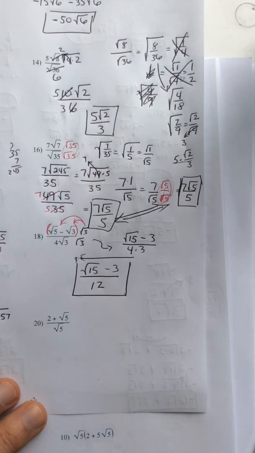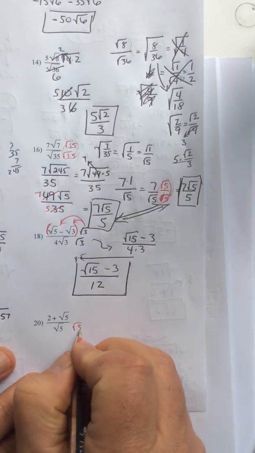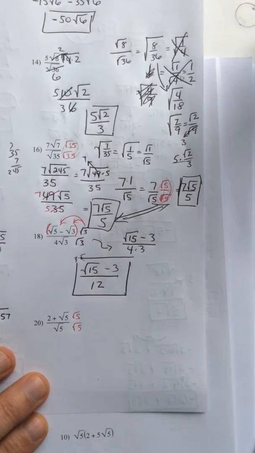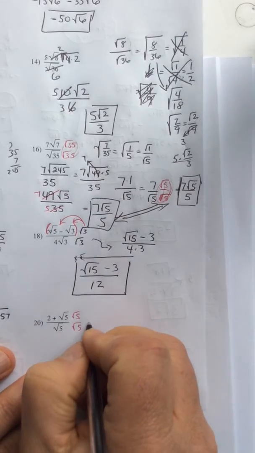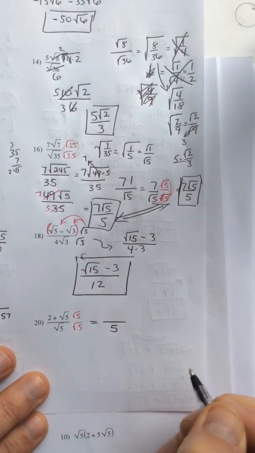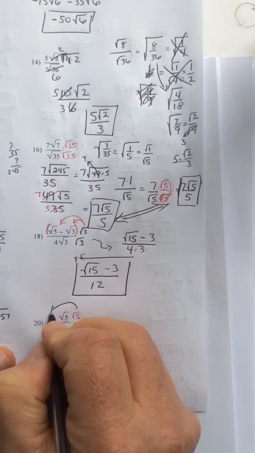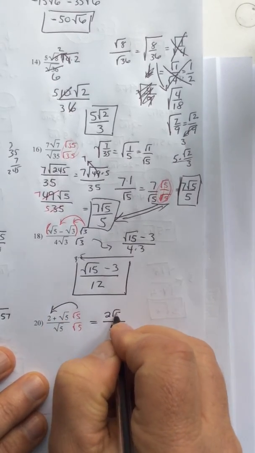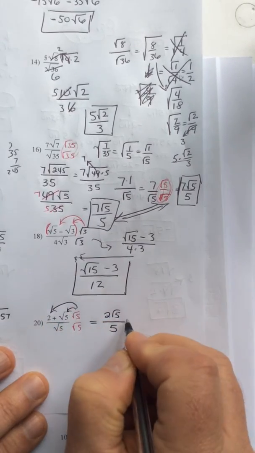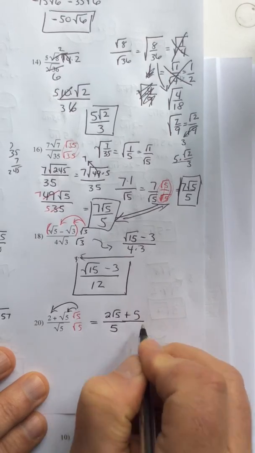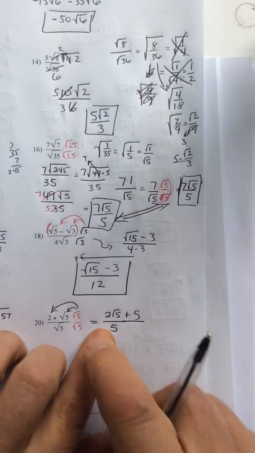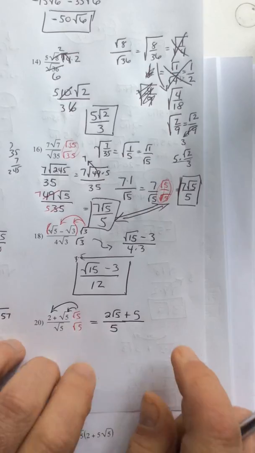Okay, and now 20, it's the square root of 5 that we have to worry about. So the bottom, 5 times 5 is 5. The top, I have to take it times the square root of 5, so that's 2 square roots of 5, and then square root of 5 times square root of 5 is 5. Okay, sometimes people want to cancel those two 5s out.